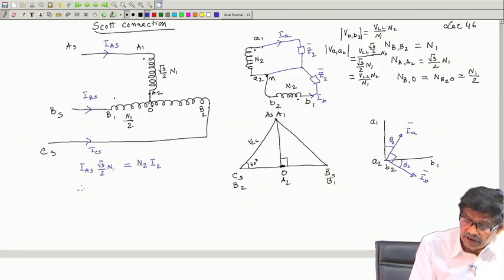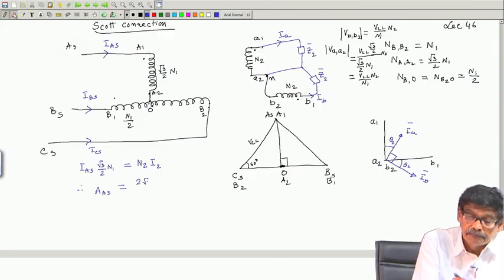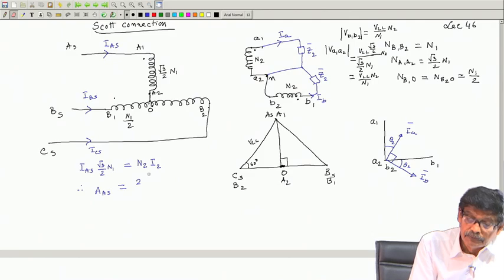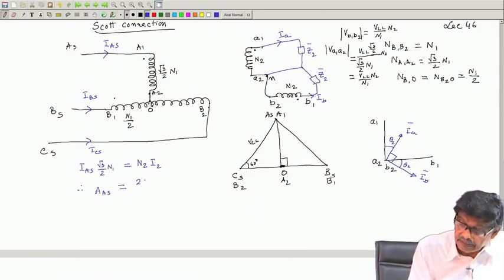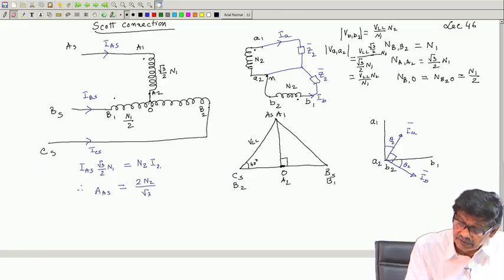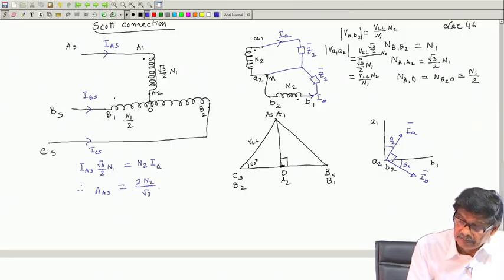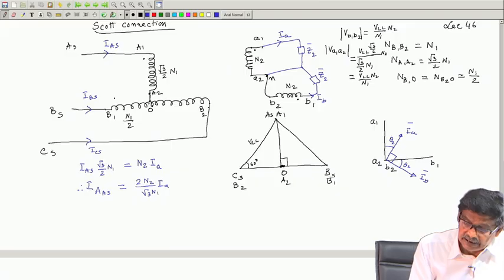Therefore, I A S will be equal to 2 n 2 by root 3, and here I made a mistake, it is not I 2, but I A, small I A, into I A by n 1. This is equal to I A S.